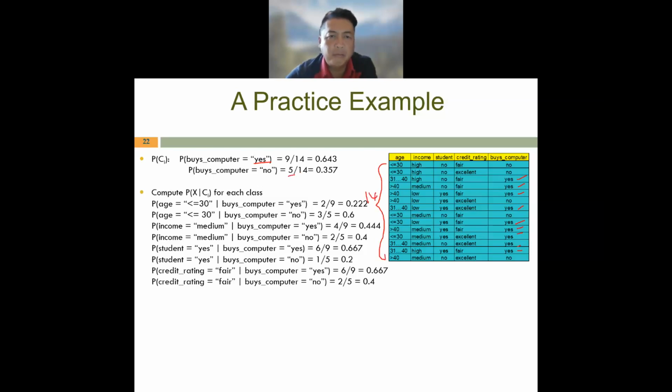And the remaining will be 5. Okay, so given that the class is Ci, what is the probability of having the attribute X value?